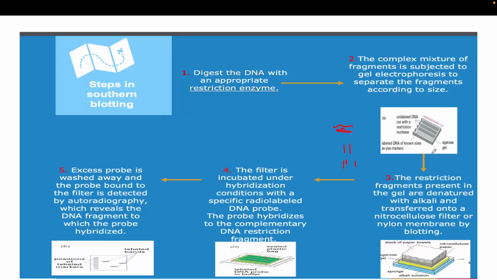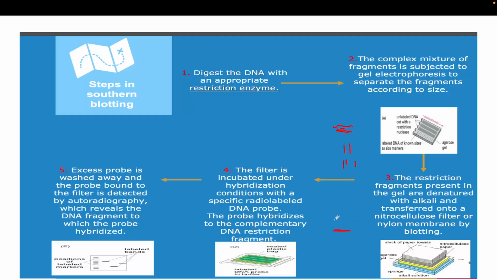The restriction fragments present in the gel are denatured with alkali like NaOH or some other strongly basic reagent. We first denature it and then transfer it onto the nitrocellulose membrane or nylon membrane by blotting. There is a sandwich type of blotting setup. In the lower part there will be a negative charge, because your DNA has a negative charge and it has to move from negative to positive.